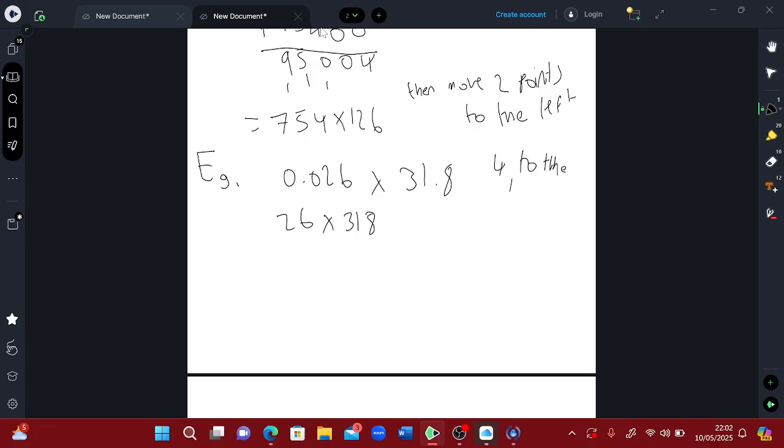So whatever our answer is, and also if you did it in standard form, you should be getting this as well. We have to move 4 decimal points to the left after our answer because to get from 26 to this, you move 3 points, and here to here you move 1 point.